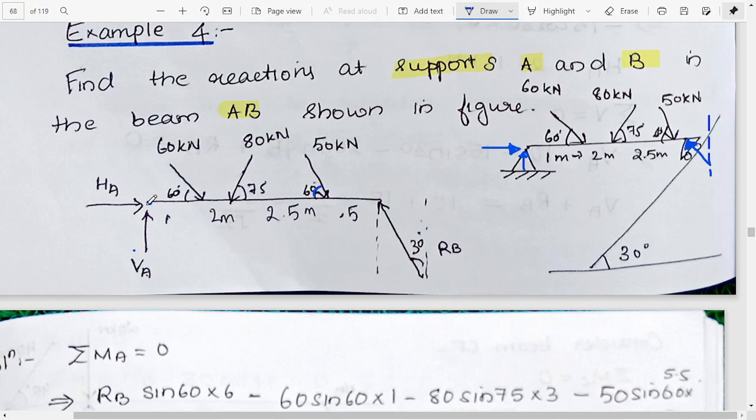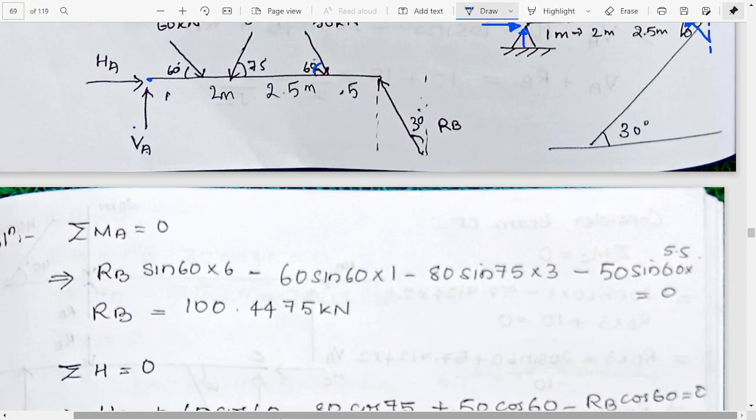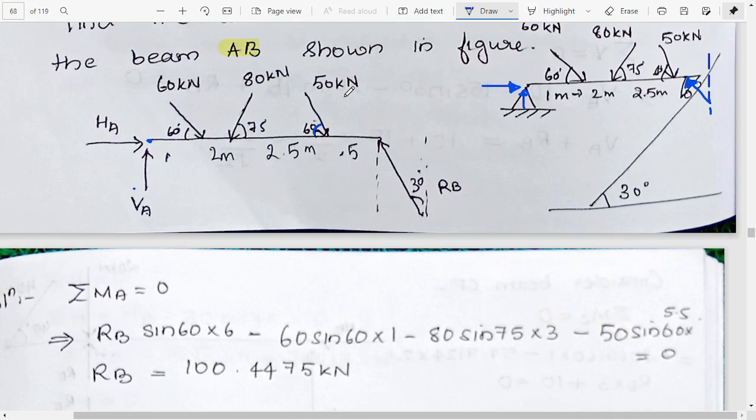That is why we are taking the moment about A. So we'll have RB sine 60, or you can take cos 30, it is just the same, into 1 plus 2 plus 2.5 plus 0.5, which is 6.